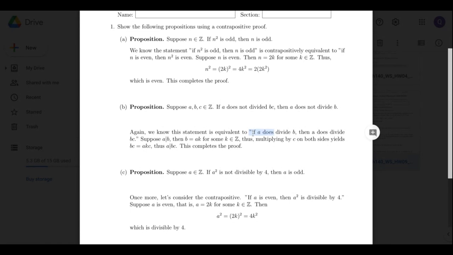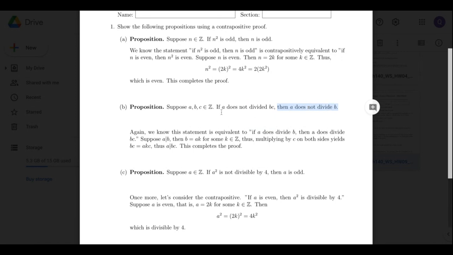So it's the same as saying if a does divide b, then a does divide bc. Remember contrapositive? Treating a does not divide bc as P, and a does not divide b as Q, we negate Q to show negating P. Negating Q means a does divide b.